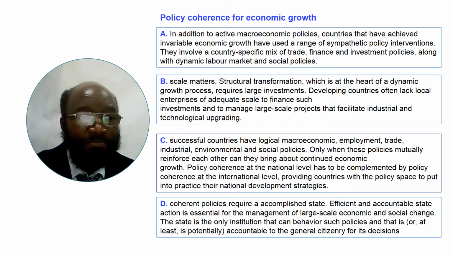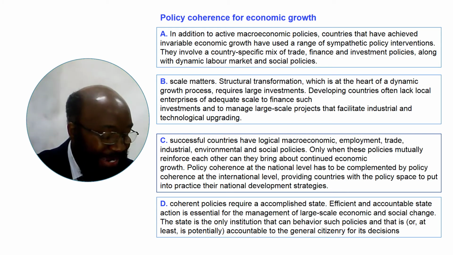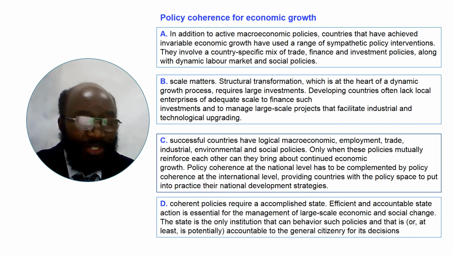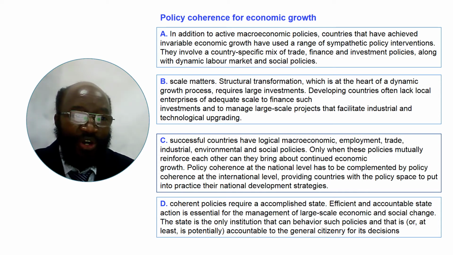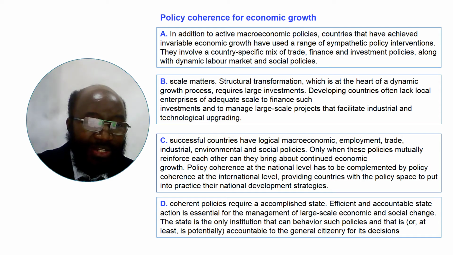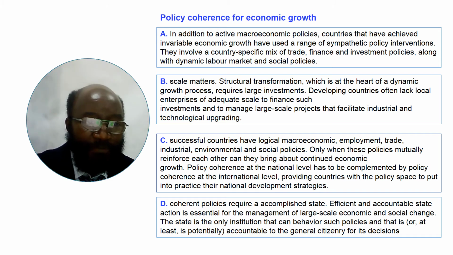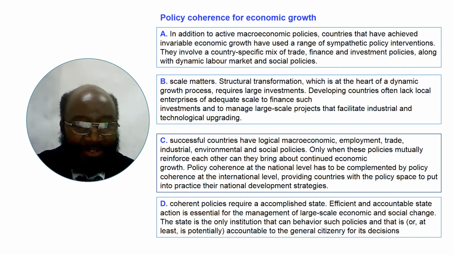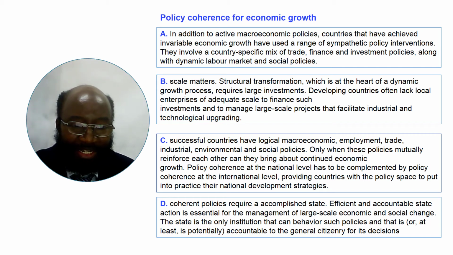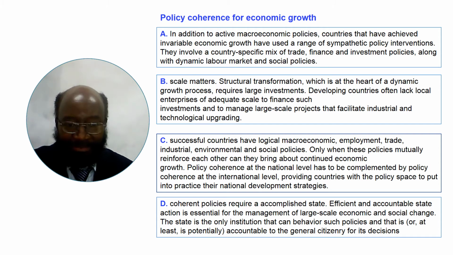Speaking about micro policy, we have a situation of policy coherence for economic growth. We can enumerate the following. First, A. Second, that is B, we call scale matters. Next, that is C, when successful countries have a logical macroeconomic employment rate, that is normal.